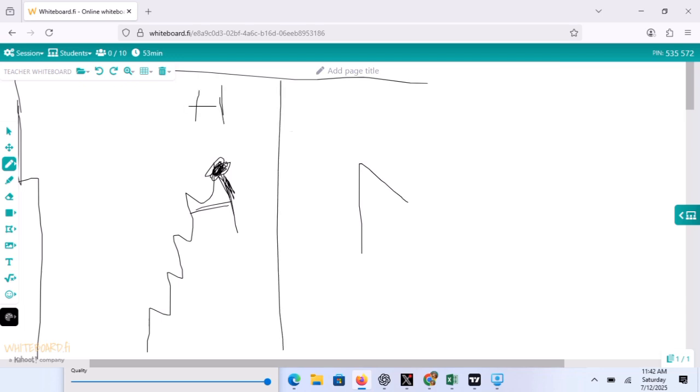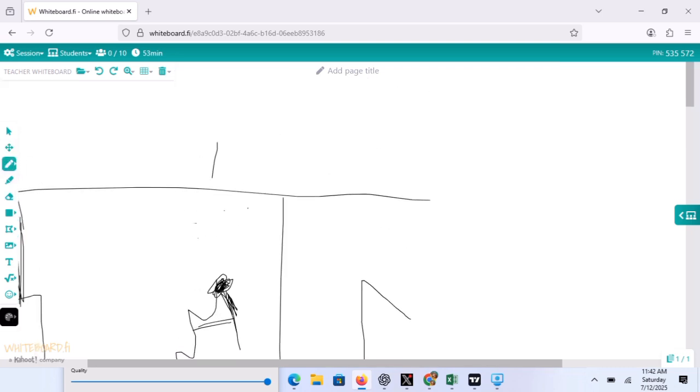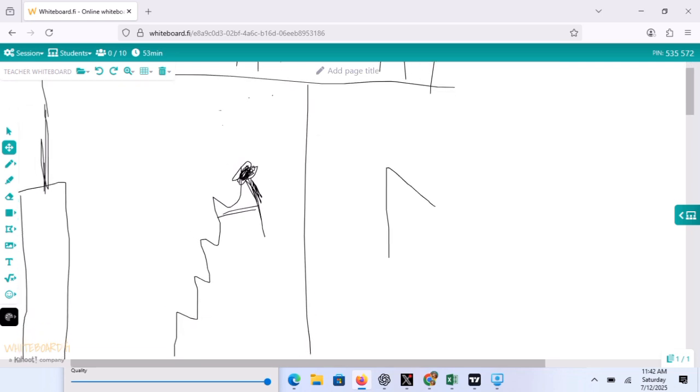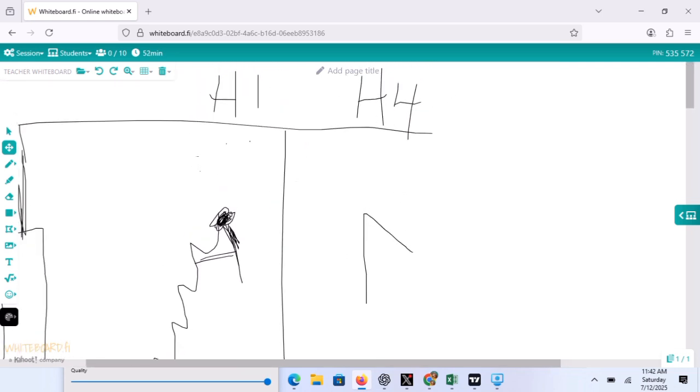Let me draw it outside the box. H1, H4. So the H4 will look like this.